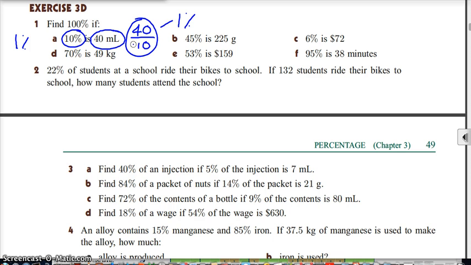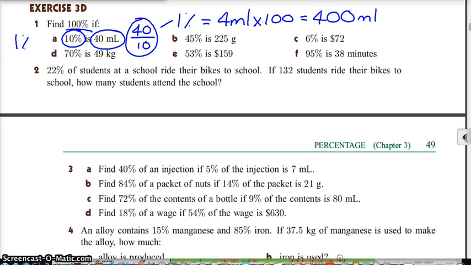So in this one, 40 divided by 10, what do you get there? 4, okay? So what that means is 1% is worth 4 mils. 4 mils equates to 1% of that product. So if I times that by 100, 100% of that would be 400 mils.